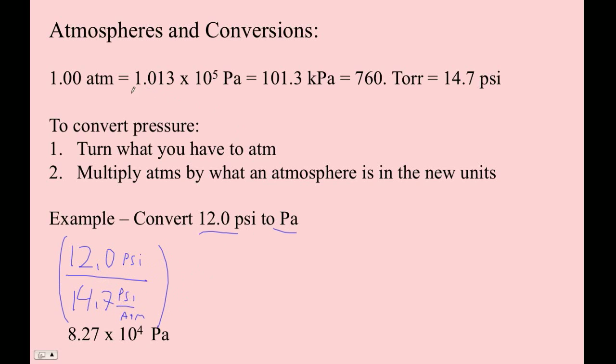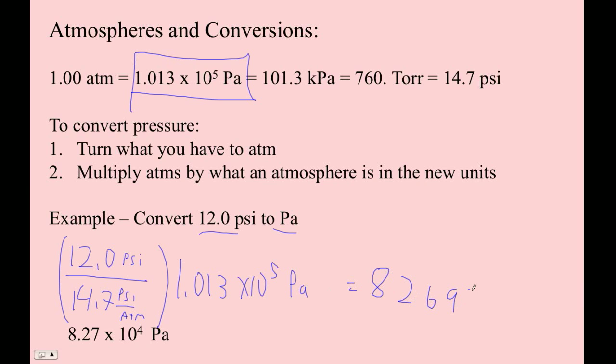And then this is a pascal, right? So times 1.013 times 10 to the 5th pascals, right? So 12, I'm going to divide by 14.7 times 1.013 e to the 5th, and I'm getting a number, 82693, I'll just say 0.9, let's see.